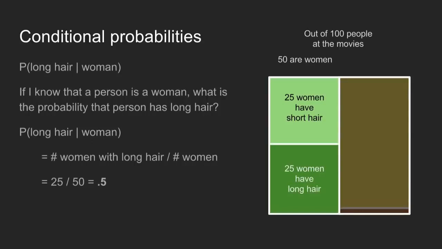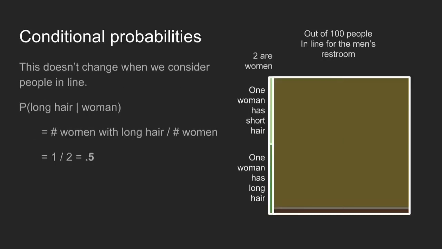So it's written as probability of long hair given that a person's a woman. To get this, we just divide the number of women with long hair by the total number of women, 50%. And this doesn't change whether there's 50 women in your group or 2 women in the group. Still, if we know that a person is a woman, the probability that they have long hair is 50%.